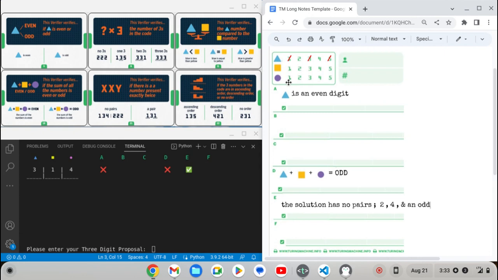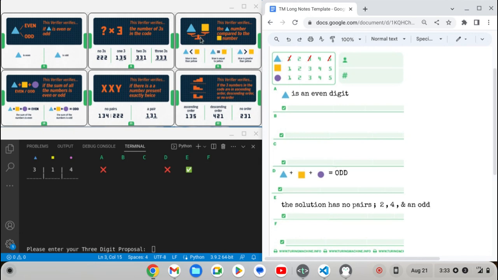Maybe if it's ascending, it could be 2, 3, 4, or it could be 2, 4, 5. And the fact that there's no 3 would disqualify 2, 3, 4, and would force it to 2, 4, 5. That's a possibility. But if it's ascending, then we would know for sure that triangle had to be smaller than square.